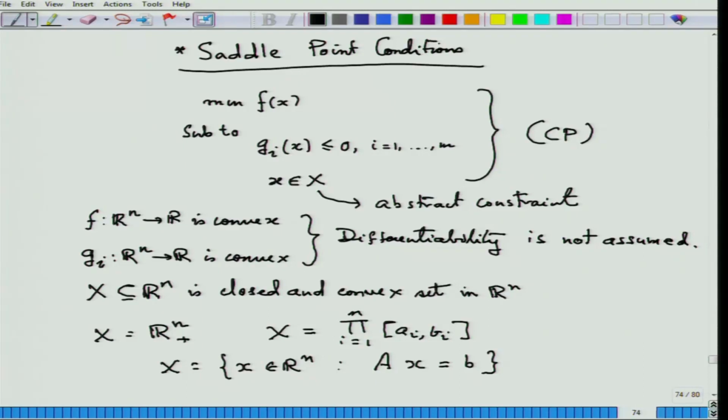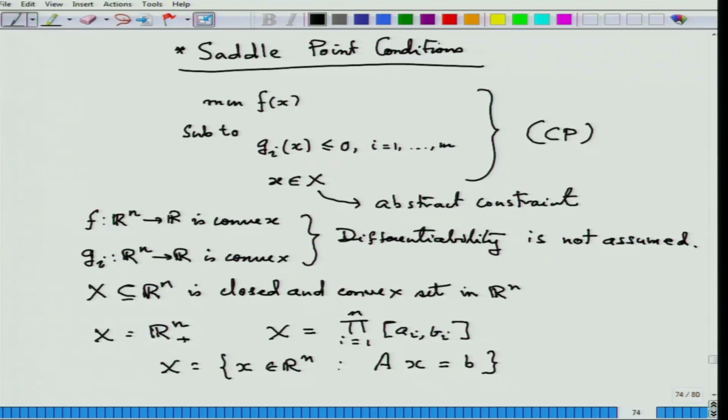All these forms can be written in this way. There could be additional inequality constraints also, which you just want to hide for some reason. So that is why we do not have any particular structure on X when we discuss this.